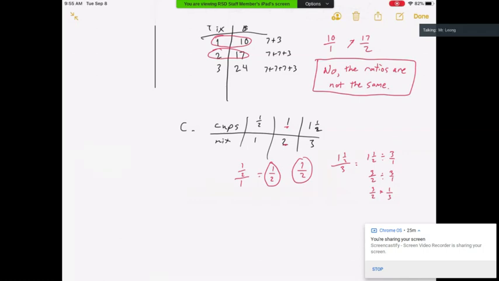The 3's cancel out. So what am I left with? 1 times 1, which is 1. 2 times 1, which is 2. Check it out. 1/2, 1/2, 1/2. Yeah? So are all the ratios the same? Yes. Is it proportional? Yes. The answer to this one is yes. All the ratios are the same.